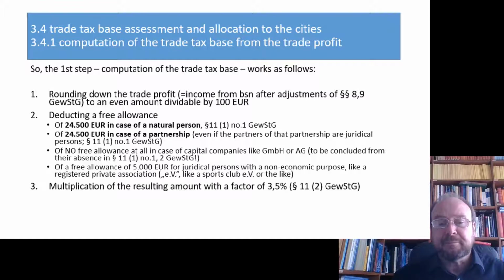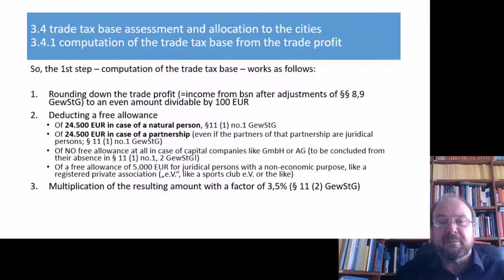Good. By the way, this last free allowance is for these non-economic institutions. If they just by chance happen to earn some 100 or 200 euro from business, then they probably don't know about their tax liability, and so such a free allowance of up to 5,000 euro remains tax-free.